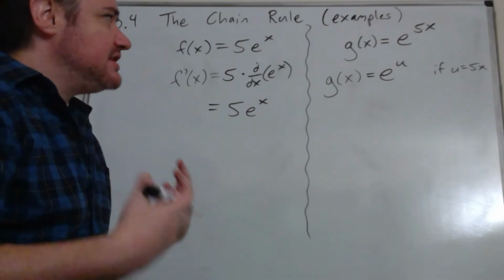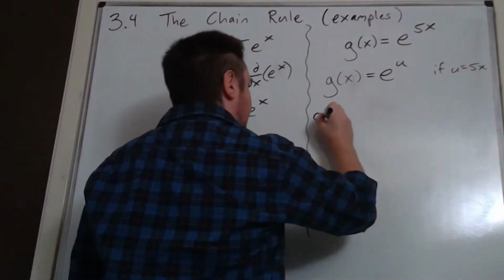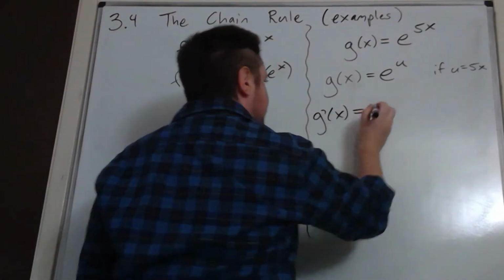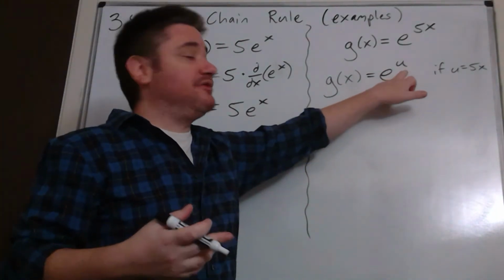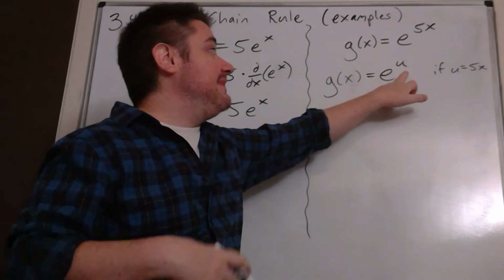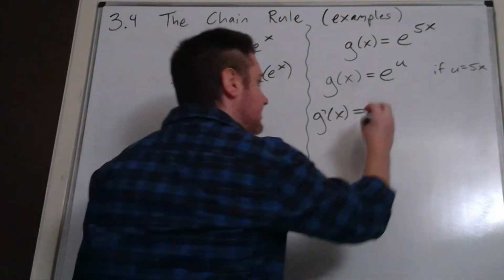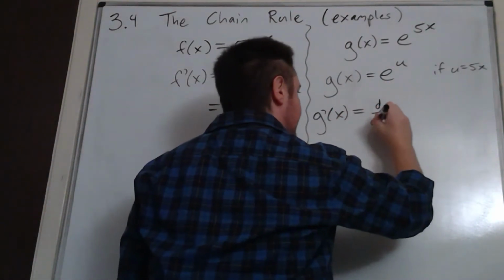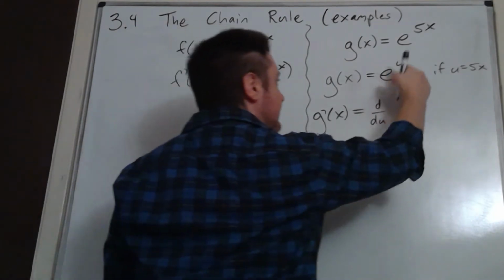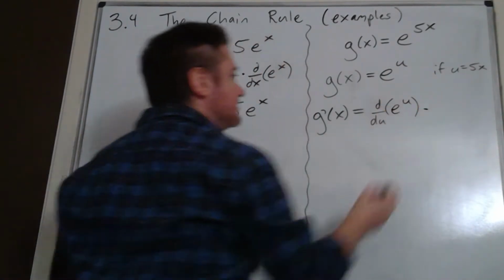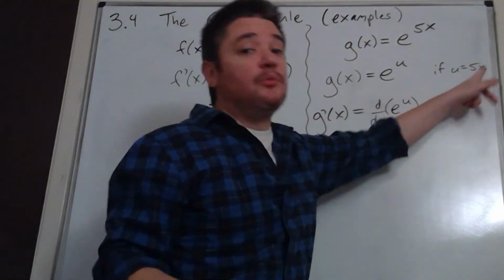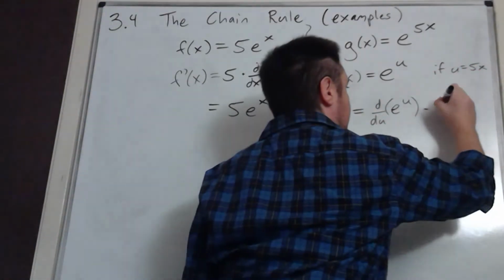Then the way I want to take the derivative of that is g prime with respect to x is going to be first the derivative of my function with respect to u, and then times u prime. So what I'm really doing here is the derivative with respect to u of e to the u times the derivative of u with respect to x.